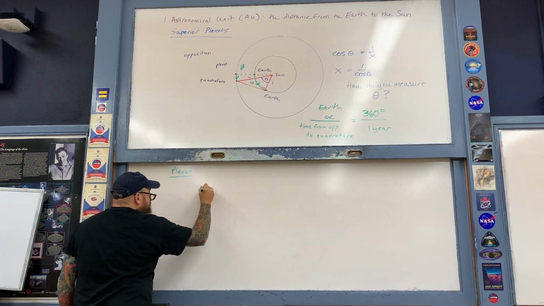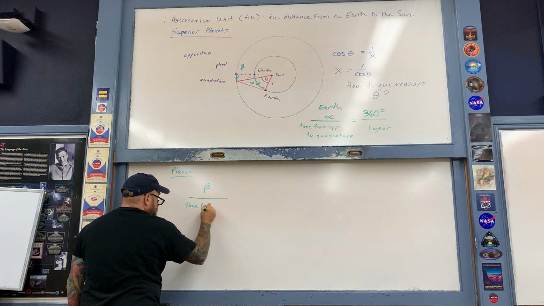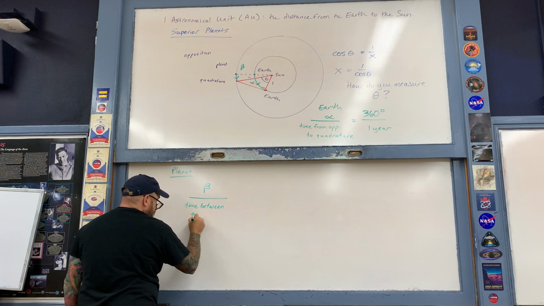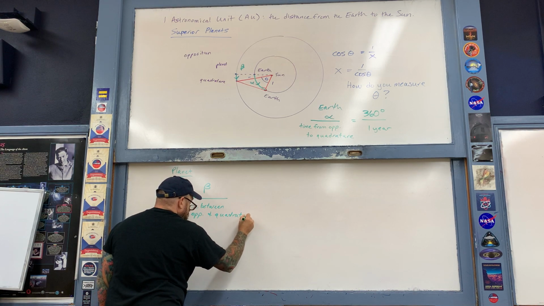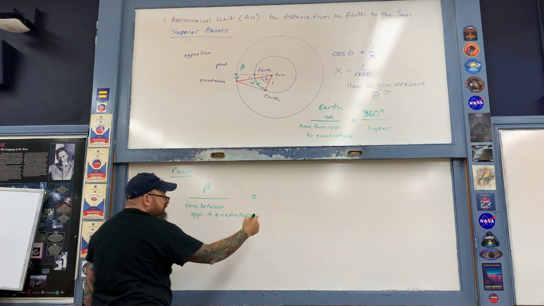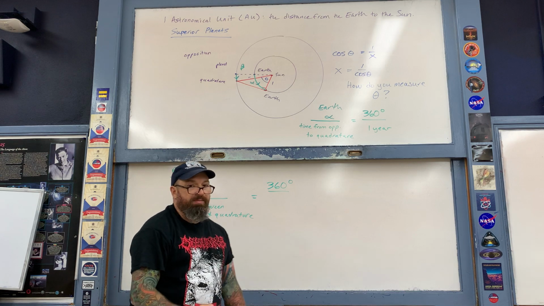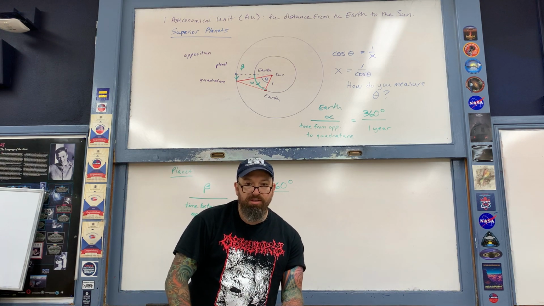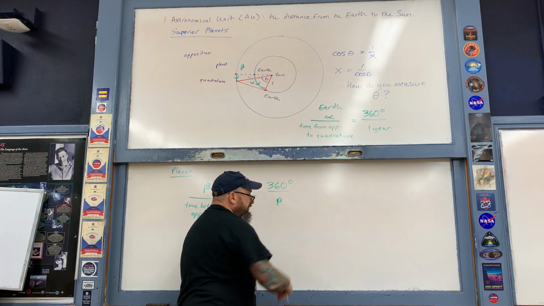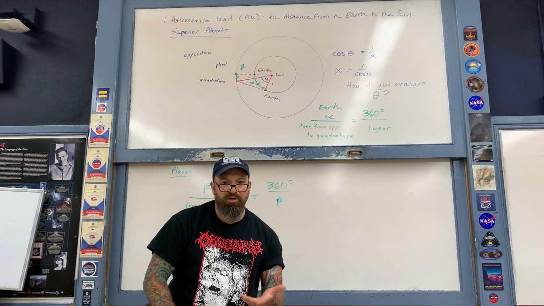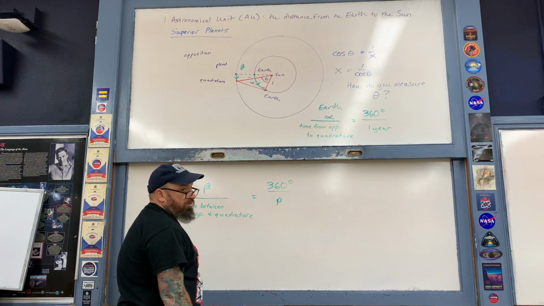The planet moves through that angle beta in the time between opposition and quadrature. This is equal, as a proportion, to 360 degrees on the planet's orbital circle divided by the time necessary for the planet to orbit the sun. That's its orbital period, its sidereal period P. So this is why we need to know the sidereal period P ahead of time, such that we can use this proportion to find the angle beta.